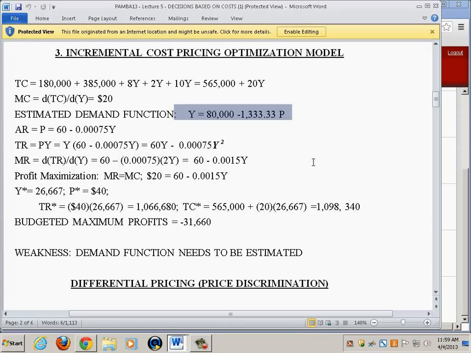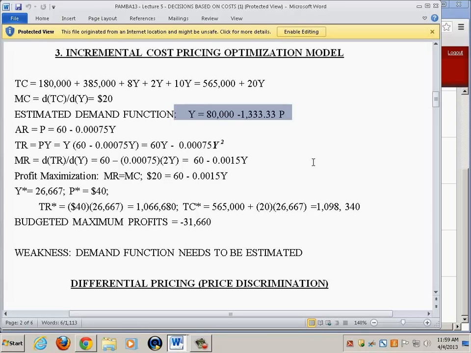You have to do market research and get surveys of your customers, which is also very tricky and often not reliable. So in the end of it, most business people in most situations think that their chances of getting a reliable estimated demand function are very small.